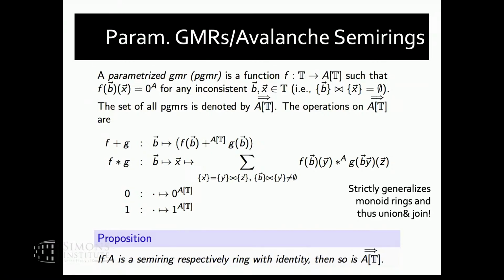Before, I had functions from tuples to ring elements. Now I've got functions from tuples to tuples to ring elements. The first part is going to be the bound variables, the input variables, and these are those that I can compute, the output variables. And this is again finite support. Ultimately, you can prove in some way that there's again only one way to build this.